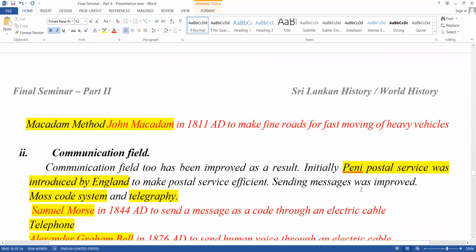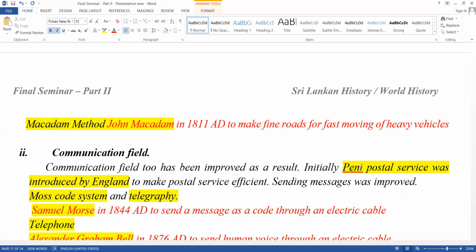Communication field, penny postal service. Will you be discussing the predicted map marking places? No, because I have done a seminar related to map marking, so once again I can't. We did that and discussed everything.